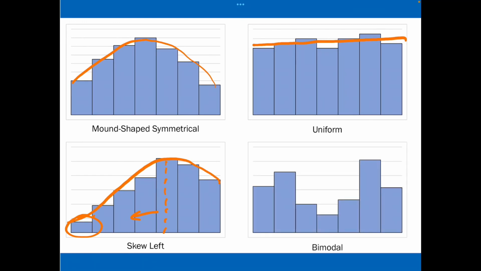Finally, what's called a bimodal distribution. A bimodal is where you have two different mounds going on. We have a mound here and a mound here. And what a bimodal distribution usually tells us is that there's actually more than one population going on. So, for example, if I took all of my eggs and weighed them and I saw a bimodal distribution, it'd probably tell me that there's two different types of chickens that are laying eggs.